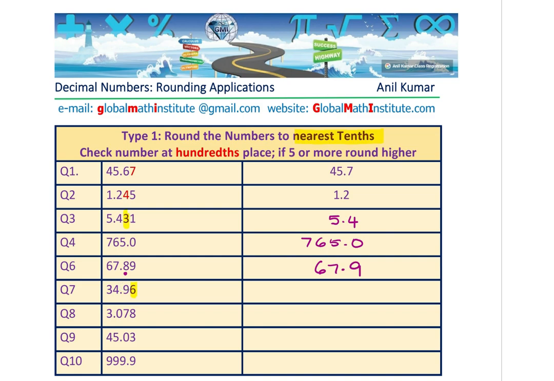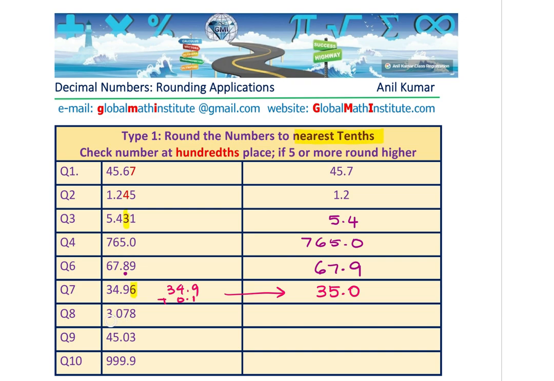So this becomes 35.0. This is slightly tricky, correct? So think like 34.9 plus 0.1, because 1 higher than 9, right? So what do you get? You get 35.0. So many students might make a mistake here, but that is how it should be seen, correct?